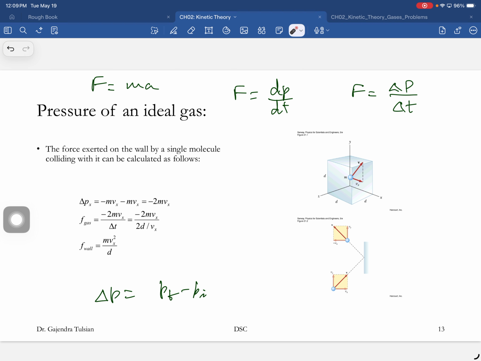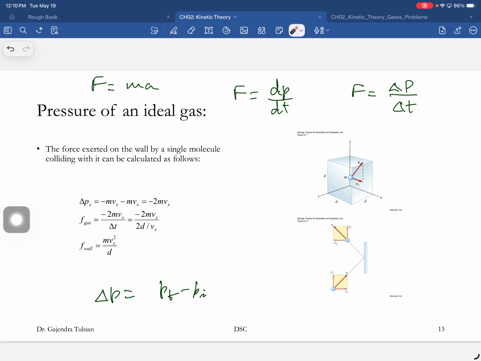What does Newton's third law say? Every action has an equal and opposite reaction. If I push down on this table, the table is pushing me up with an equal force.